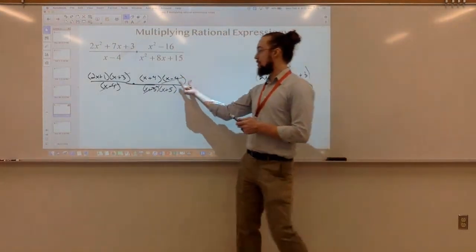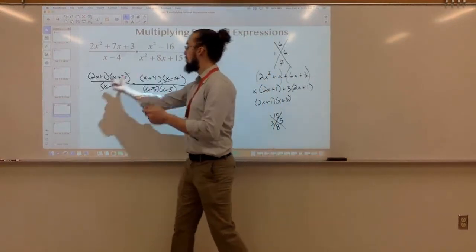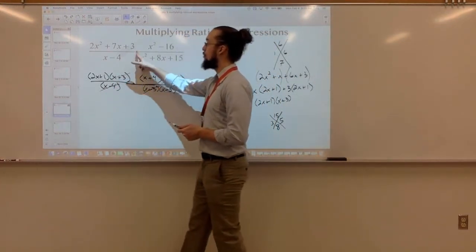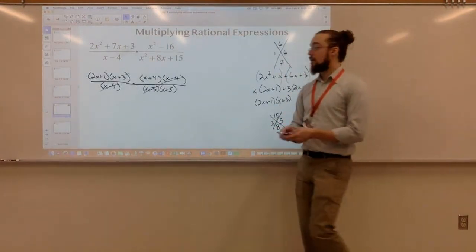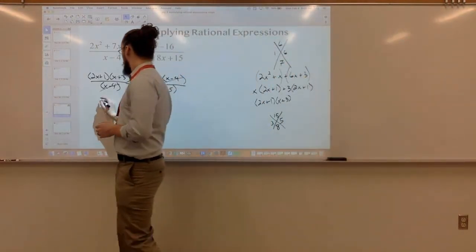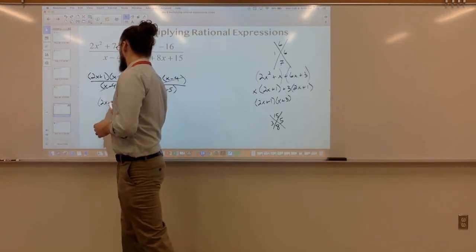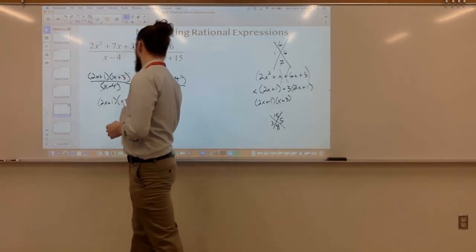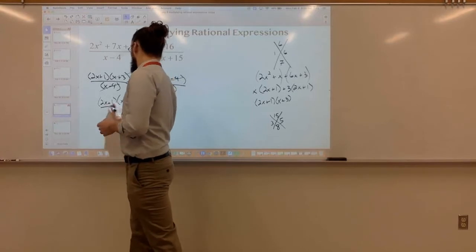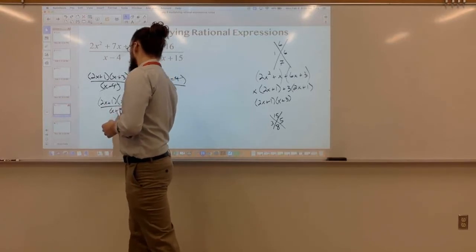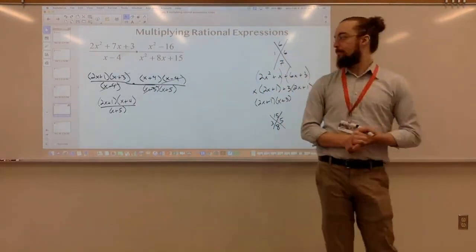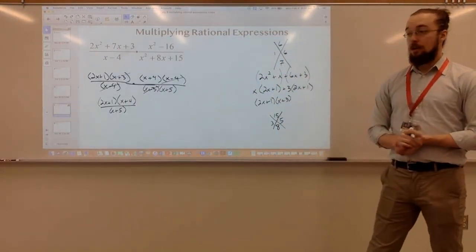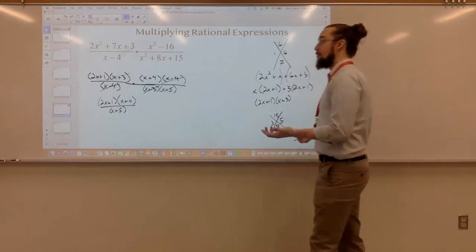It doesn't matter that this x minus 4 was in this fraction and this x minus 4 was in that fraction. Whenever I'm multiplying, this just becomes one big fraction. So what I'm left with is 2x plus 1 times x plus 4 over x plus 5. And that's it. We're done with the simplifying part.